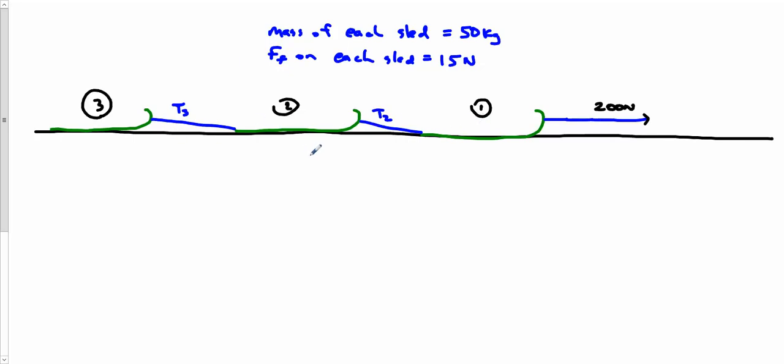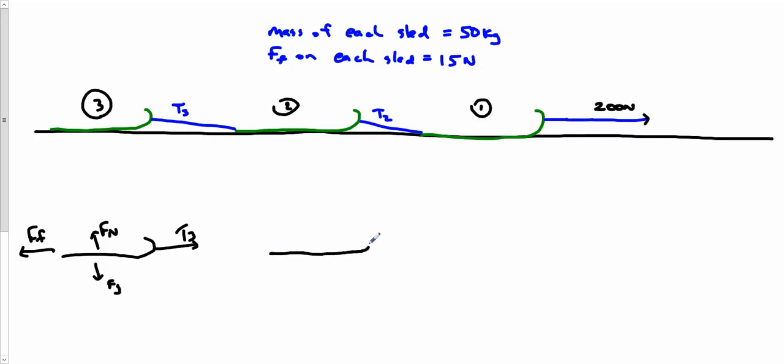So in the last video on pulleys, I said step 1 we drew a system diagram. Step 2 is we draw a free body diagram for each one. So this is sled number 3: T3 pulls it this way, friction pulls it that way, I've got FG, I've got FN.